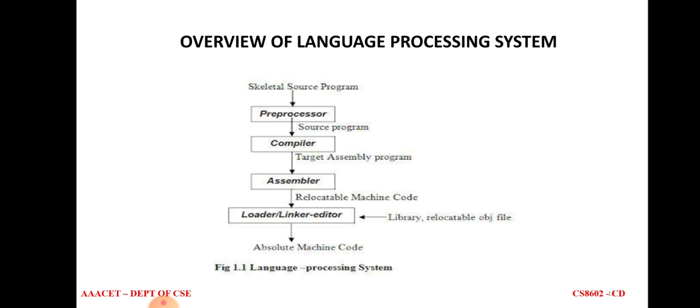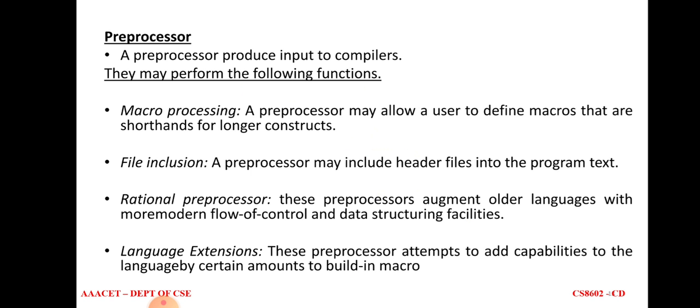The loader is used to load the program into memory for execution, because whenever a source program or language is to be executed, it must be loaded into main memory first. Finally, the absolute machine code is produced by the loader or linker. So this is the common processing system for any type of language.